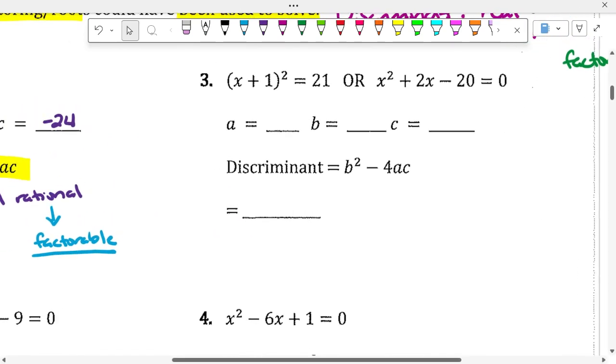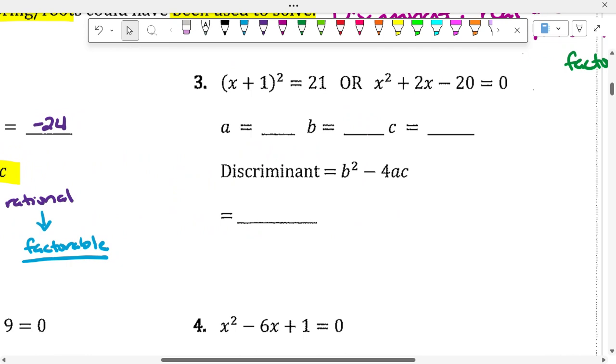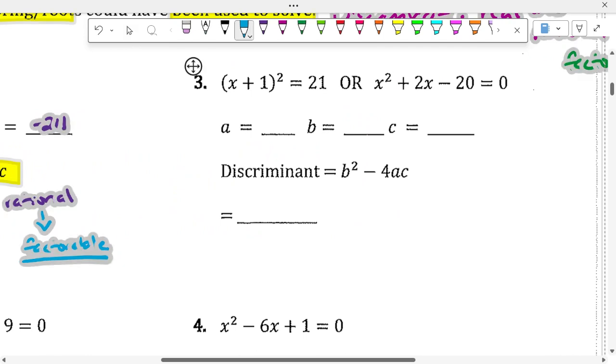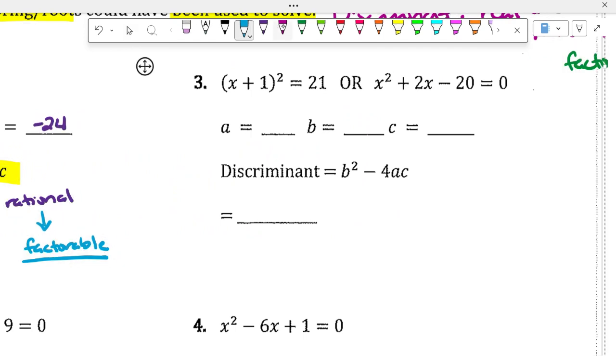All right, let's look at this one. x squared plus 2x minus 20. We're going to look at this one specifically, but if you look, it's the same as the one that we had at the top. They just converted to standard form. So what's my A? 1. B? 2. C? Negative 20. So I'm going to put it in my discriminant formula.